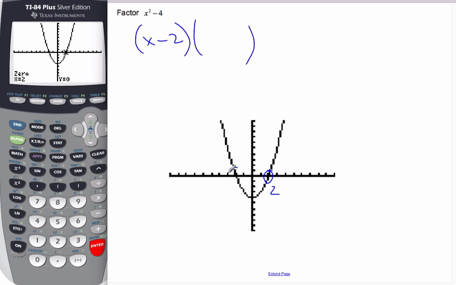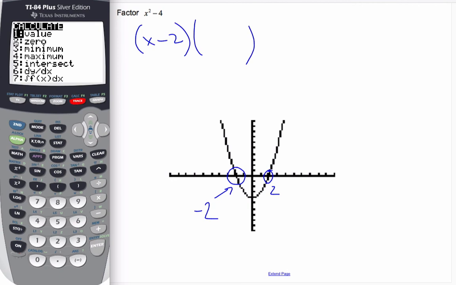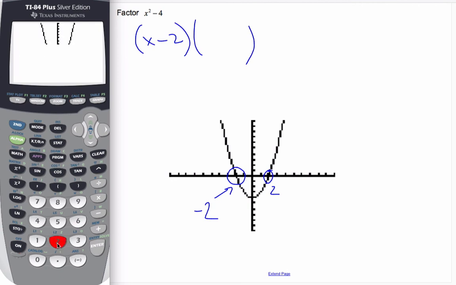If I work at this other one, could you estimate what that one is, Riley? 2, maybe. But positive or negative, would you think this time? A negative 2. All right, so we go through the process again. We go second, trace, which is the calculate menu. Hit number 2 for zero. I want a number to the left of negative 2.